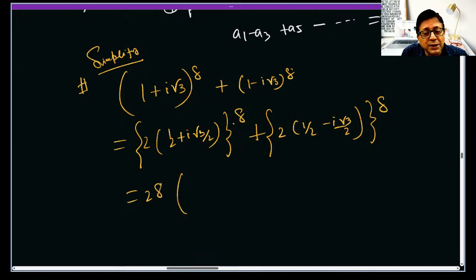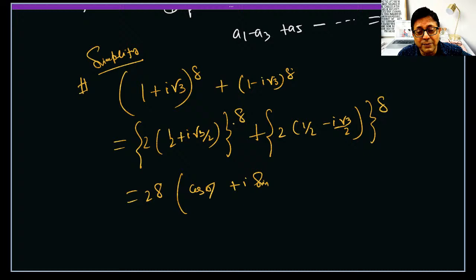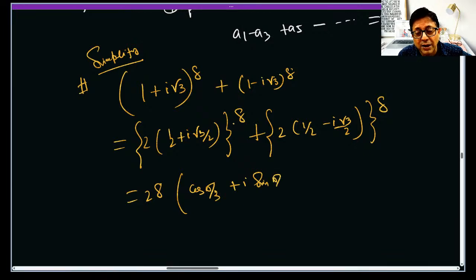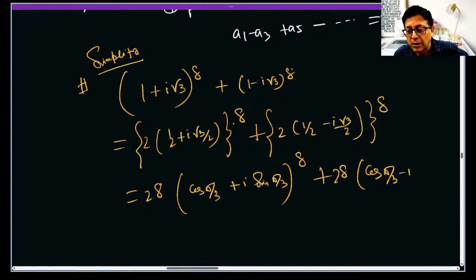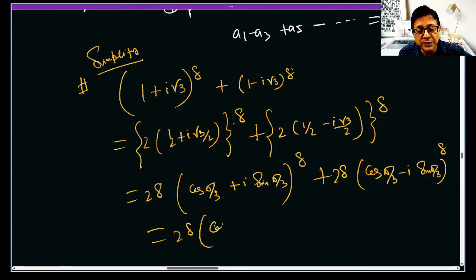2 to the power 8, cos pi by 3 plus I sin pi by 3 to the power 8 plus, this 8 will come here, cos 8 pi by 3 plus I sin 8 pi by 3.